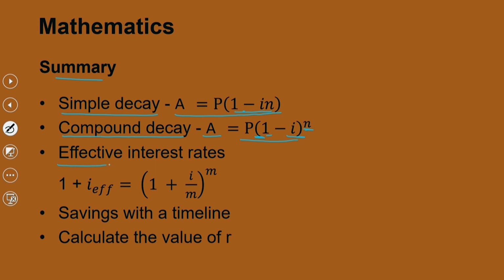Then we did the effective interest rates, where 1 plus i effective equals, open the bracket, 1 plus i nominal, divided by the period, close bracket to the power of m, which is also the period. We also did savings with a timeline, where we calculated 18 months, and after 18 months we're left with 30 months, and we calculated that. We also went on to calculate the value of r, given all the other information.